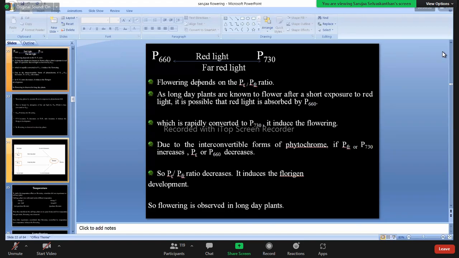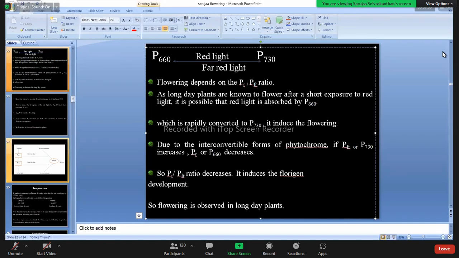and it is converted into PR, right? So how does it influence flowering, right? So this flowering depends on the PR to PFR ratio, right?